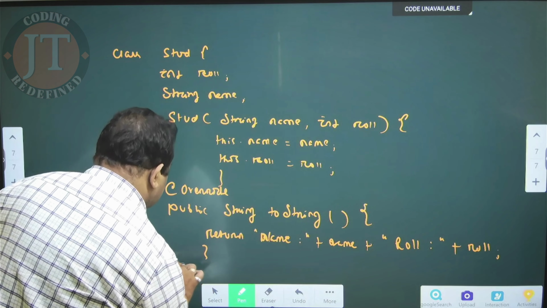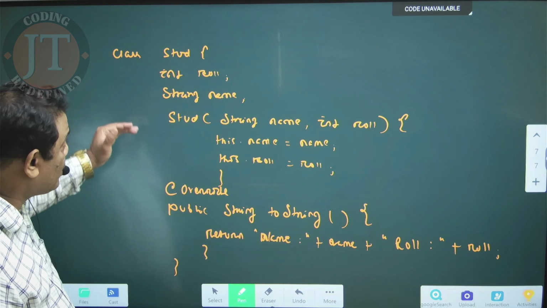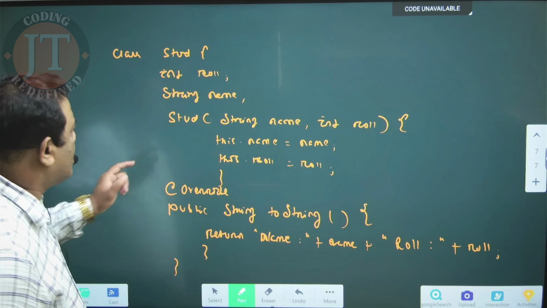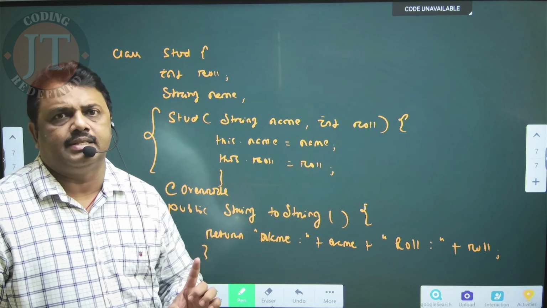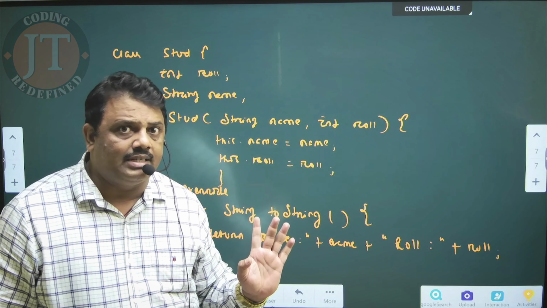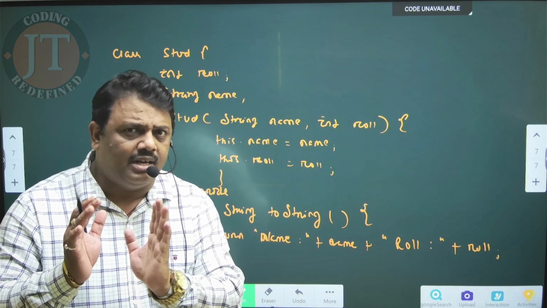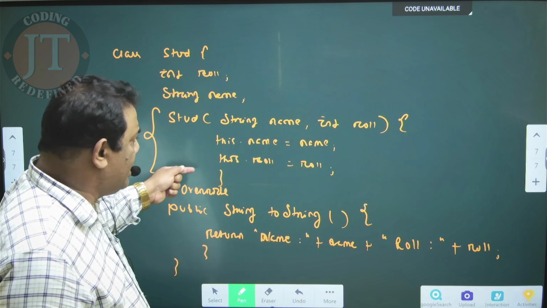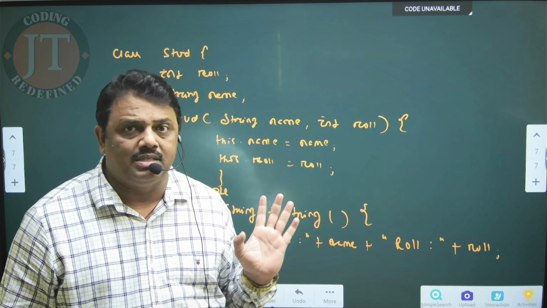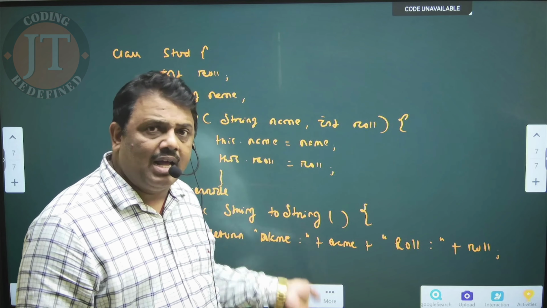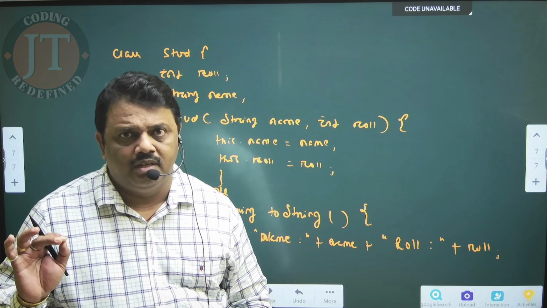Now this is the simple class. In this case I am not able to create the object because I have what type of constructor? Parameterized. This technique works only if the class has a non-parameterized constructor. If the class has a parameterized constructor, then I am not able to create the object. Thank you.